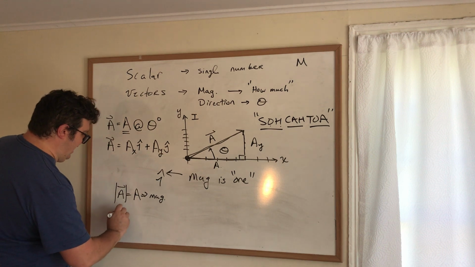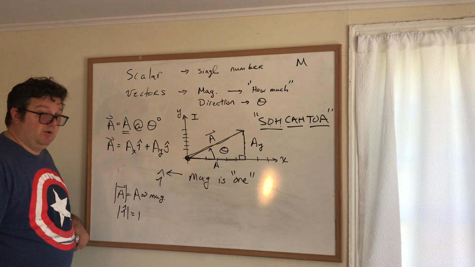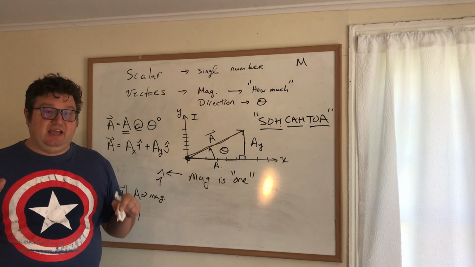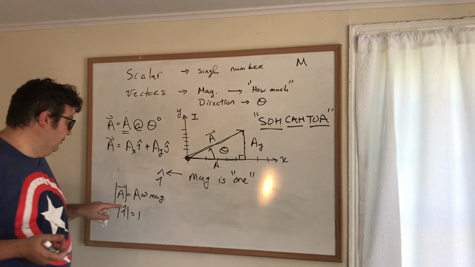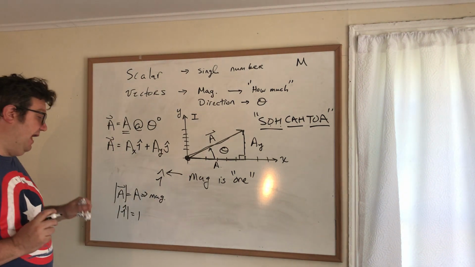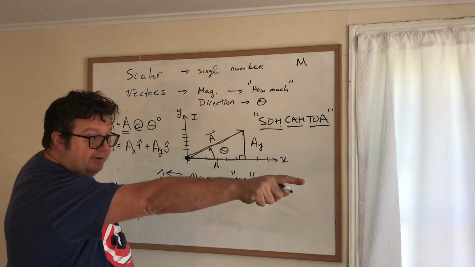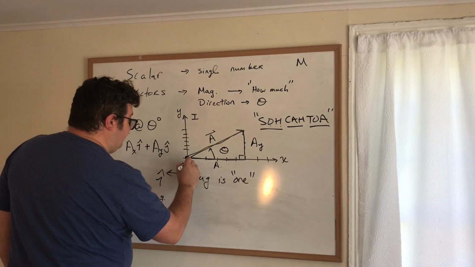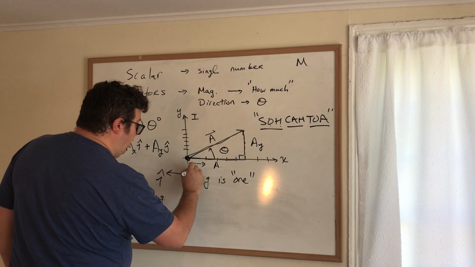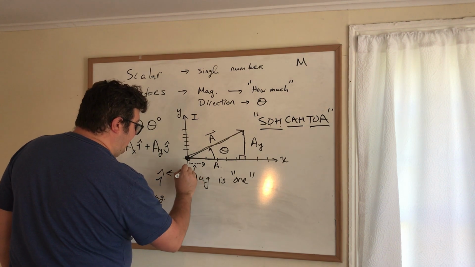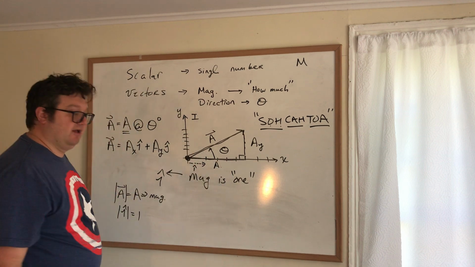So if I have I hat, the magnitude is going to be 1. It just is. It's a property of anything with that kind of hat on it. It's telling me that it is 1 step in the x direction. So 1 I hat means 1 step in the x direction.